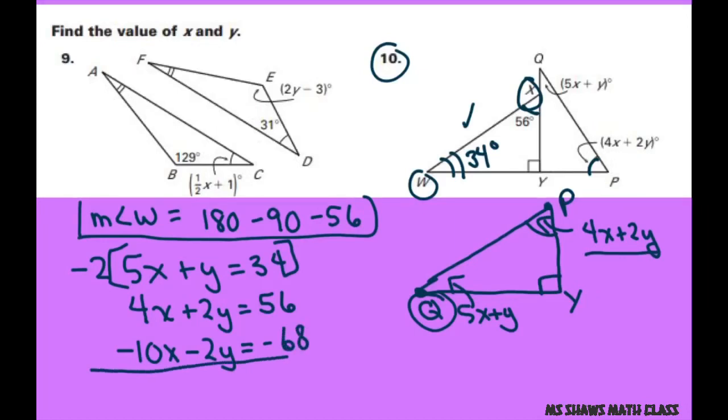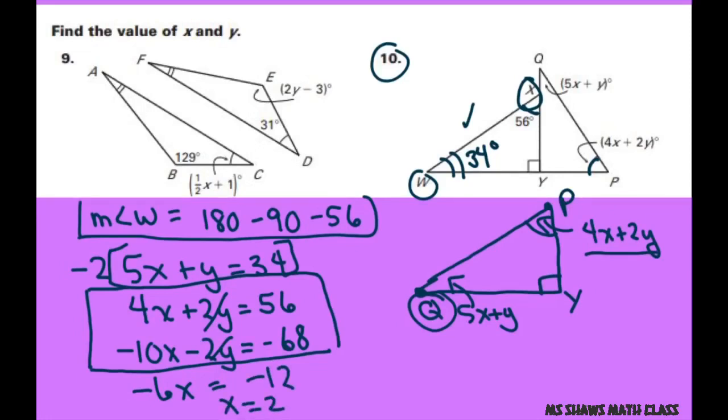So I'm going to just look at these two now since I did that. And I'm going to use process of elimination. The reason I did that is so I can eliminate the y to get -6x equals 56 minus 68, which is -12. So x equals 2. So I'm going to write x equals 2.